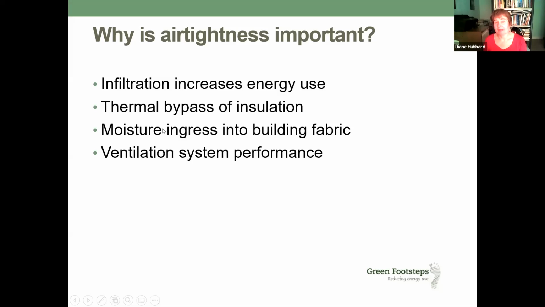Another problem potentially with air tightness is that the diagram I showed initially showed air moving into the building, whereas in reality what happens is some air on the windward side of a building you get air ingress, and on the leeward side of a building you get air leaving the building.